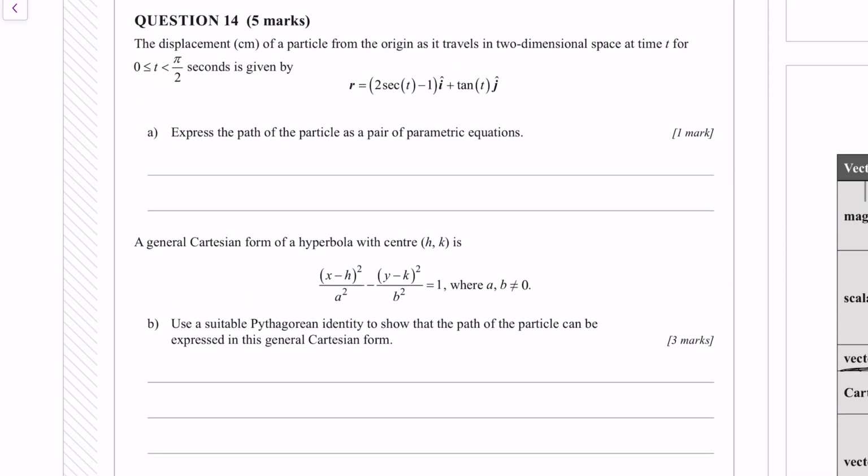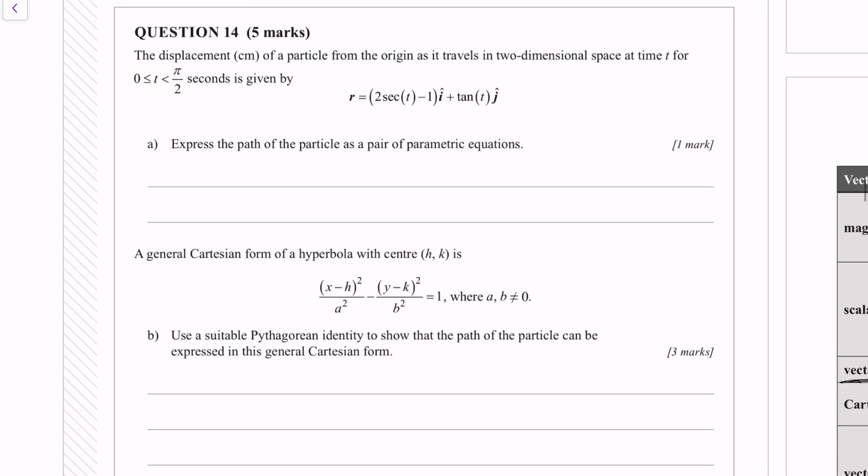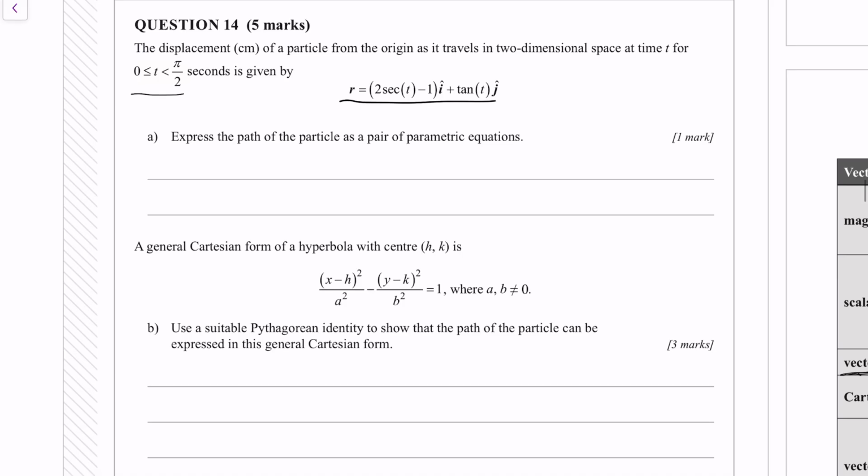Question 14. The displacement in centimeters of a particle from the origin as it travels in two-dimensional space at time t for 0 to pi over 2 seconds is given by this equation here, our displacement equation. Express the path of the particle as a pair of parametric equations. All right, so this is quite similar to what we did in the first question as well.